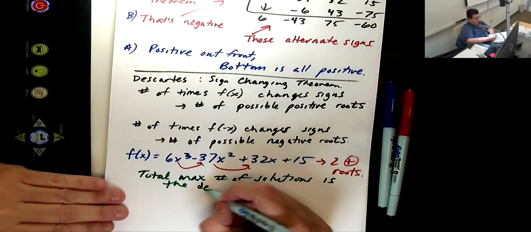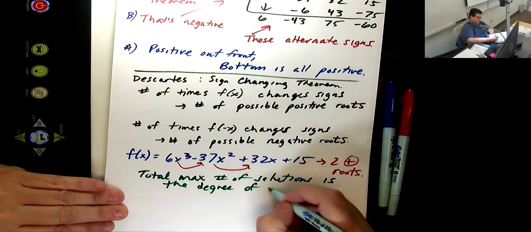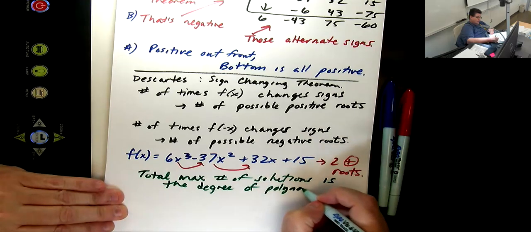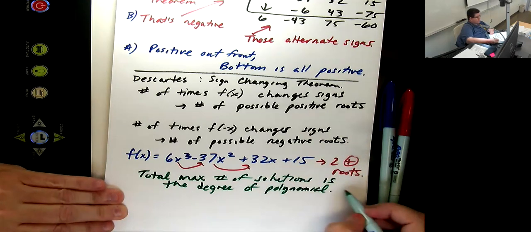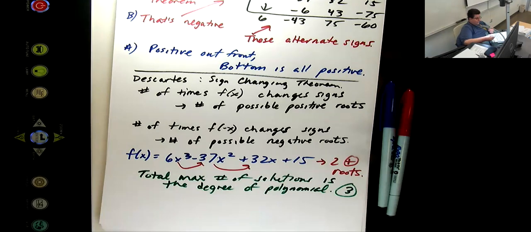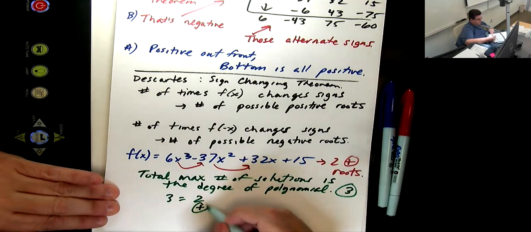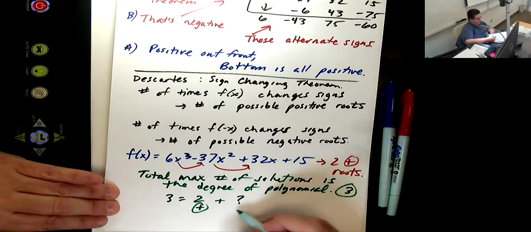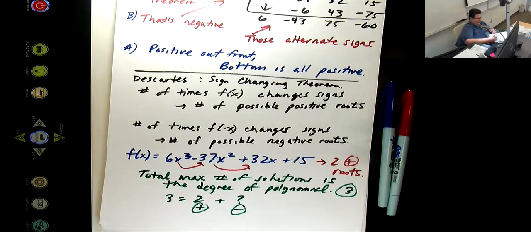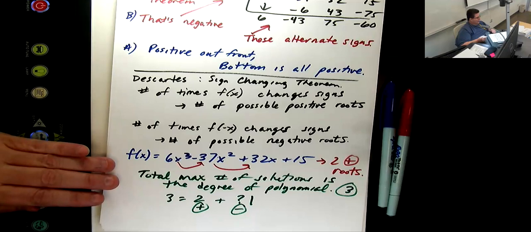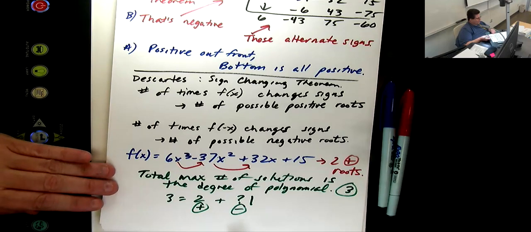So in this case, it would be 3. If 2 are positive, how many are negative? 1. That should hold true every single time.